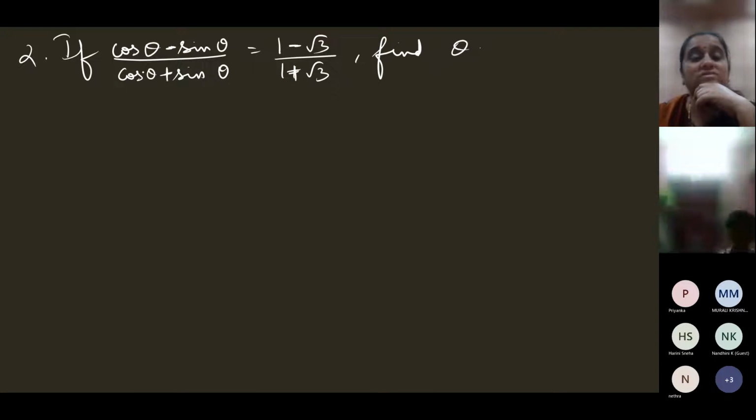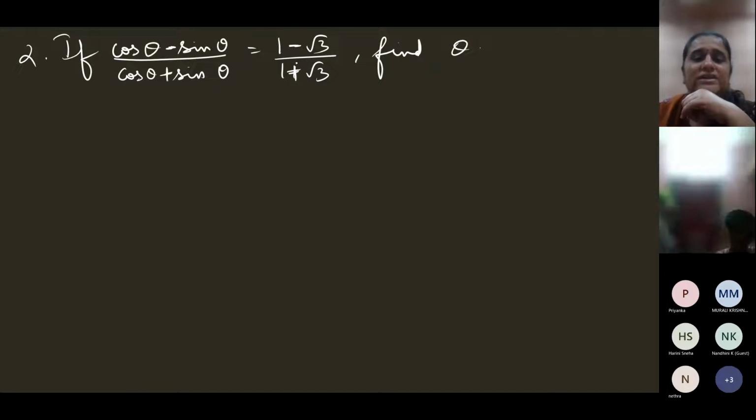How can cos theta become 1, children? How will you make cos theta 1? See, on the left hand side, you have one fraction. On the right hand side also, you have a fraction.